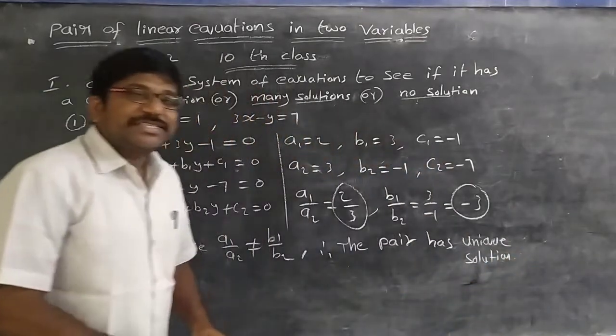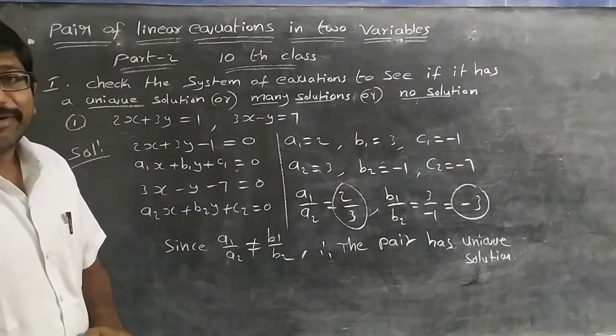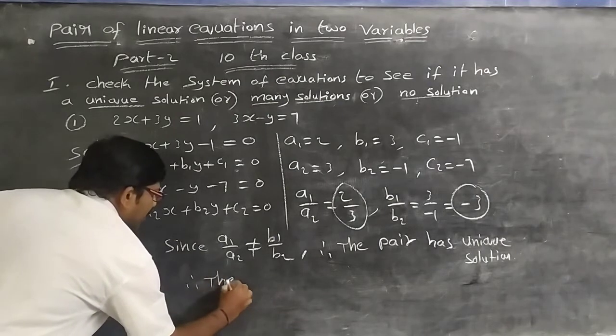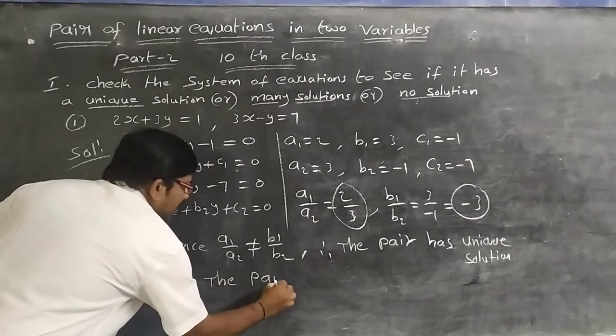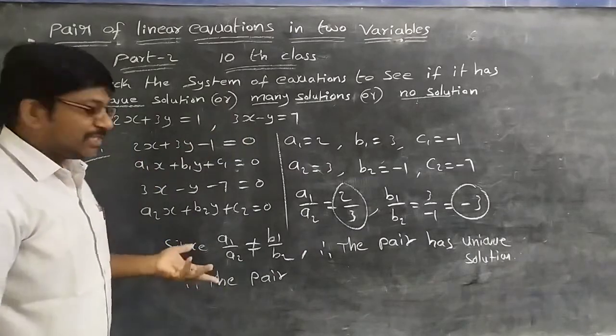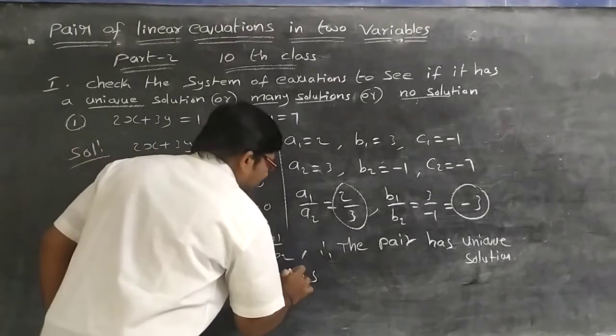In this case, the pair is called a consistent pair. So therefore, the pair of linear equations is consistent.